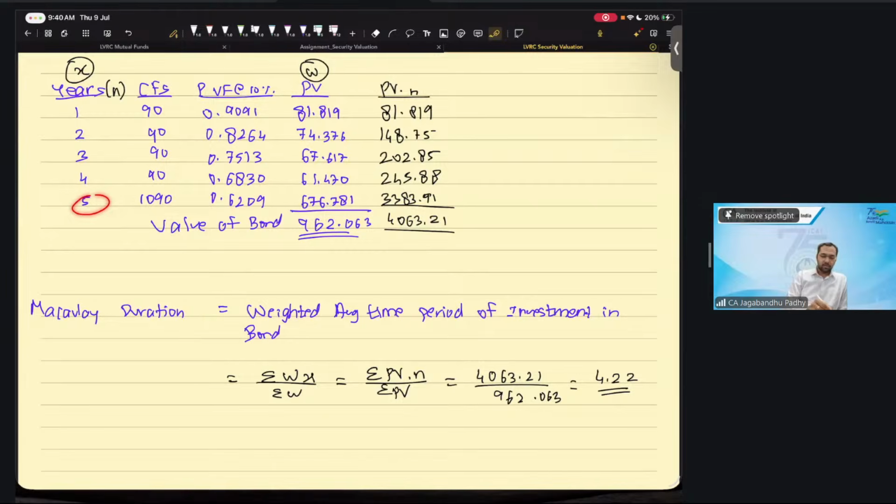Your money is not invested fully for 5 years. It is blocked for approximately 4.22 years. That's your Macaulay duration. Macaulay duration is always measured in number of years, guys. So the Macaulay duration is 4.22 years.